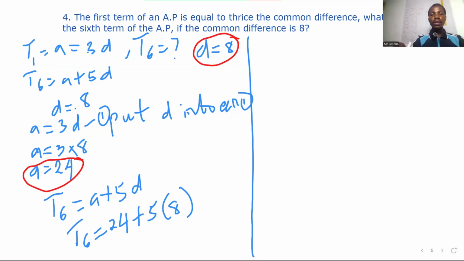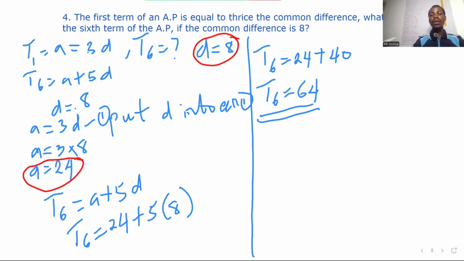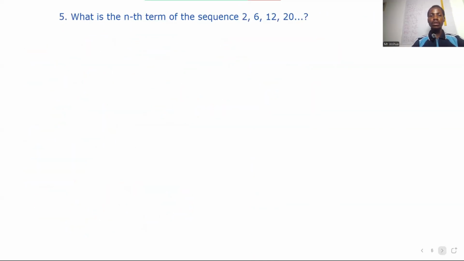Moving on, T6 equals 24 plus 5 times 8, which gives us 40. So T6 equals 24 plus 40, which gives us 64. So our T6 is going to be 64. So we are done with that question.